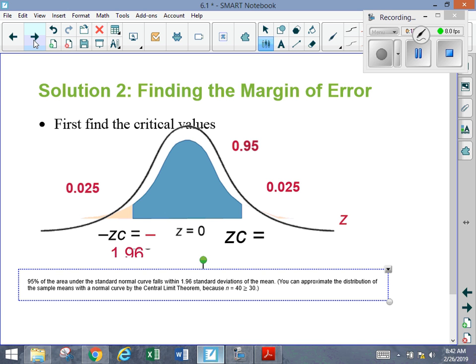So it's just running us through this. We found the critical values.